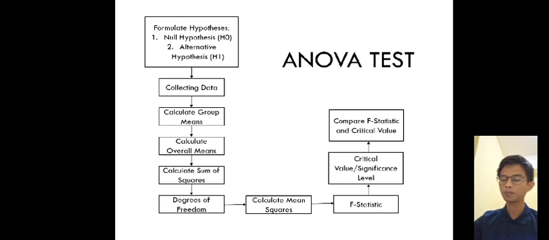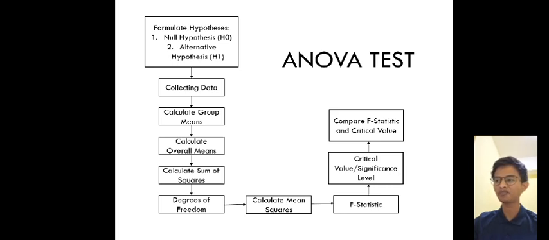After we process it in MATLAB, we get the raw data, and then we can compute it in the ANOVA test. Now I want to explain every single step of the ANOVA test.